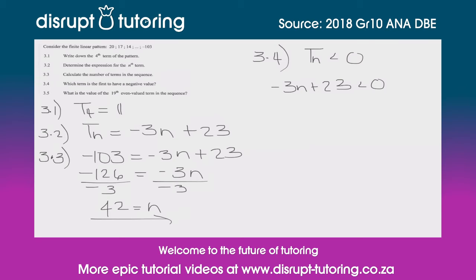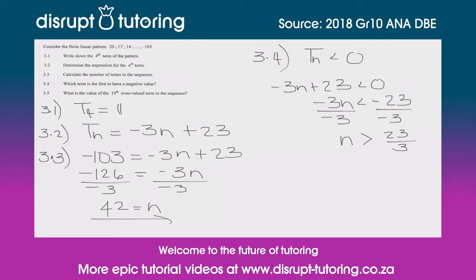Right, so now let's solve for negative 3n. We're going to keep the negative 3n over there, and that's going to be less than negative 23. Now we're going to divide both sides by negative 3, and remember when we divide by a negative, it swaps our inequality around. So we're going to have that n is greater than 23 over 3. Now what is 23 over 3?